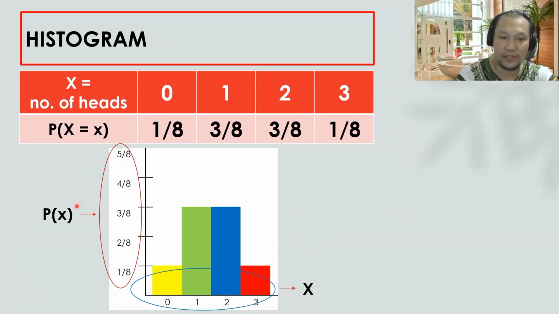And this is the graphical presentation of our discrete probability distribution for the number of heads when we flip three coins. I hope you learned how we construct a histogram, the graphical presentation of our discrete probability distribution. And to further learn with our discussion about discrete probability distribution, let me give you an example.